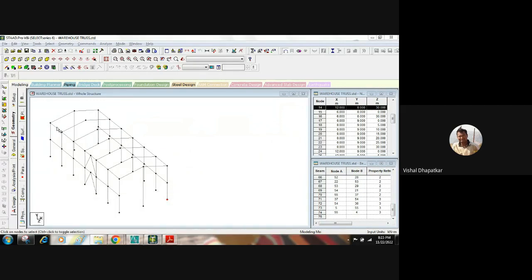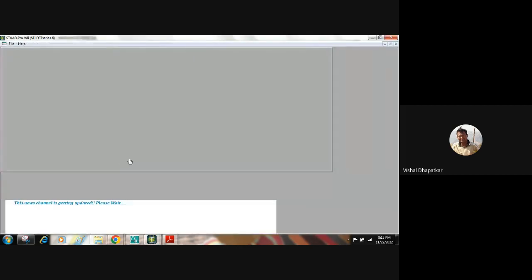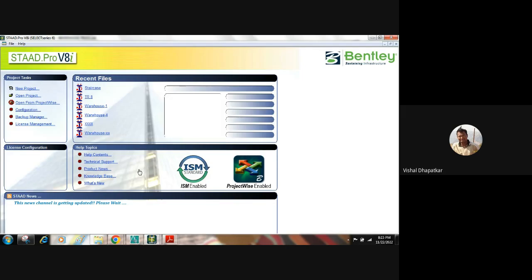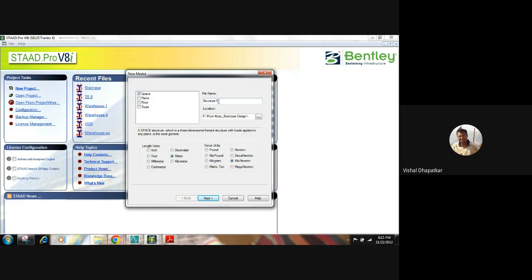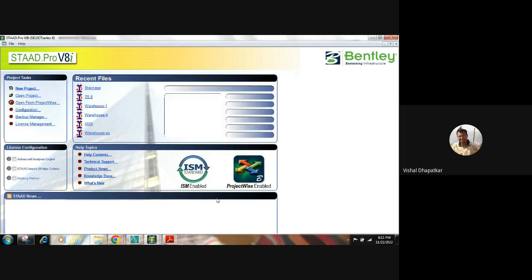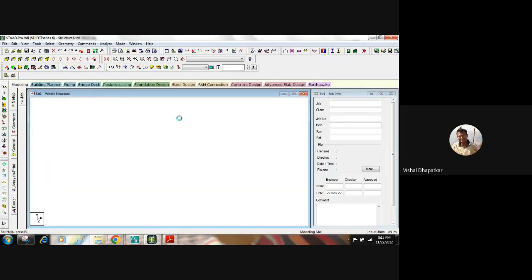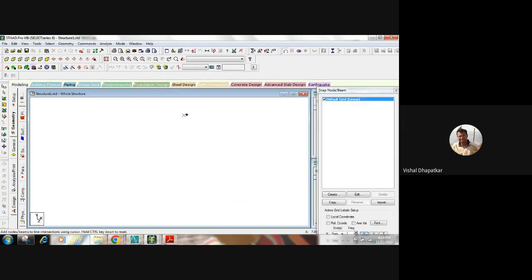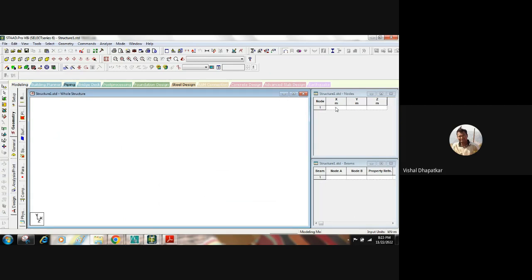Whenever we add bracing to any frame in that direction, then all the members should be released. So we have this frame.